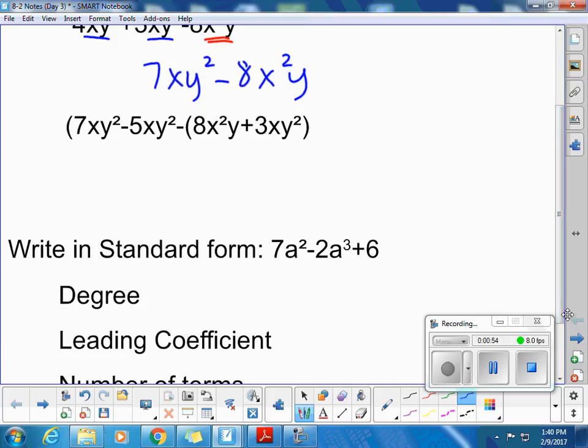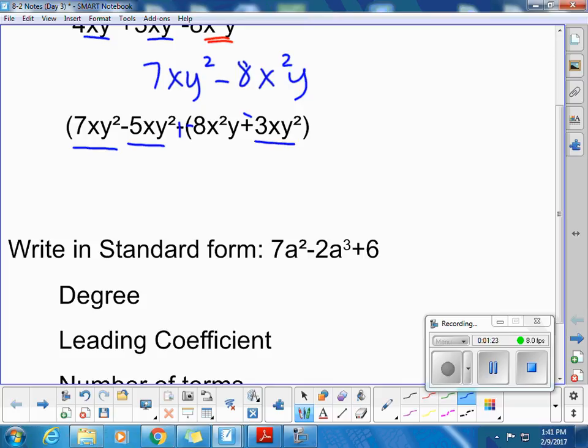Remember, when we did subtracting, we could do it horizontally or vertically. So I am going to change this to adding the opposite. So if we do that, let's see, I have 7xy squareds minus 5xy squareds.